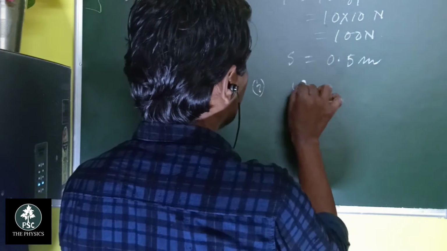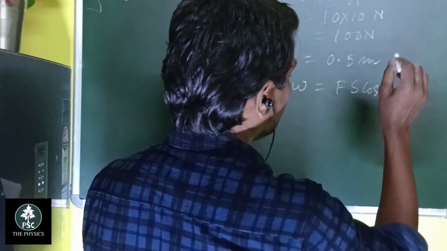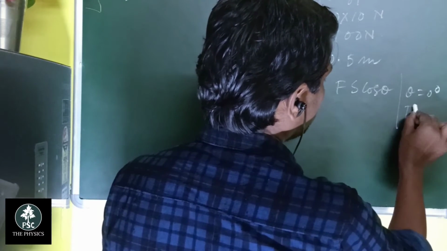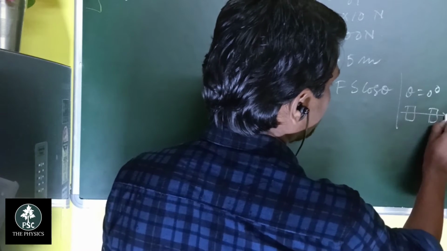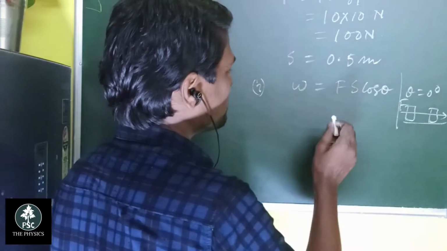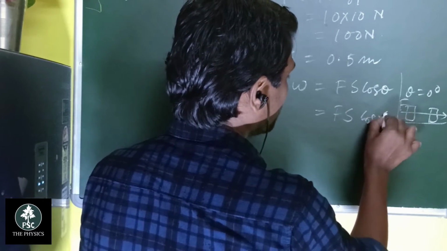For the first case, the work done is Fs cos theta, and here theta is 0 degrees, since the object is displaced along the direction of the force. So Fs cos 0 degrees, and cos 0 is 1.